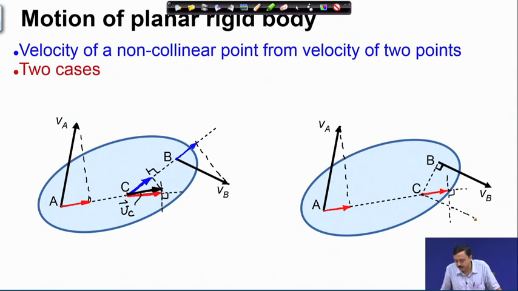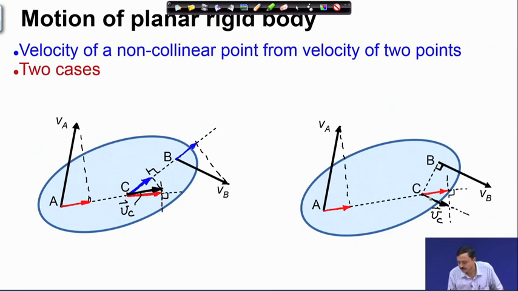So, if I have to draw a perpendicular to that vector, it must be through the point C and perpendicular to CB, which I have drawn. So, therefore, my velocity of point C must be this. This must be the velocity of point C.